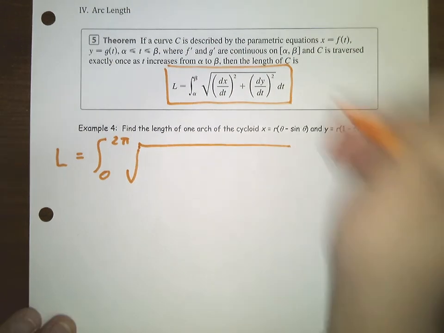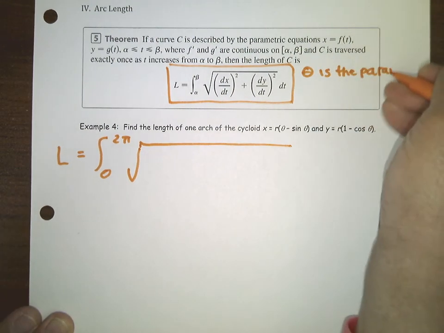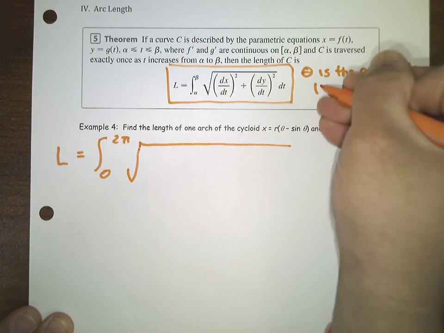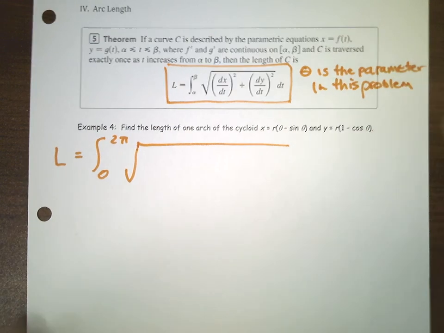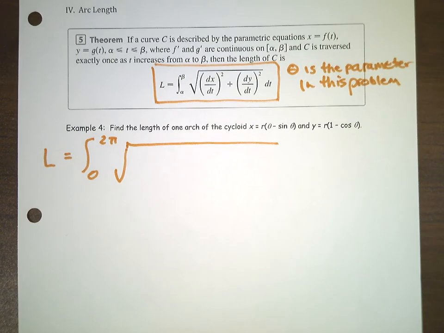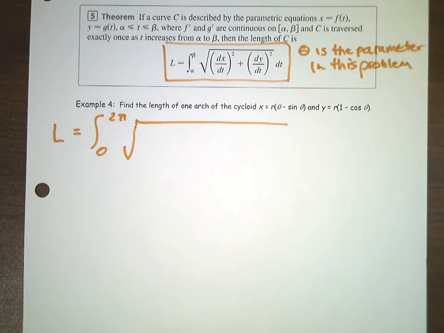Since theta is the parameter in this problem and not t, because I said, remember, that most of the time it would be t, but in this case we're investigating theta and not t, we need to figure out what dx d theta is and dy d theta is.